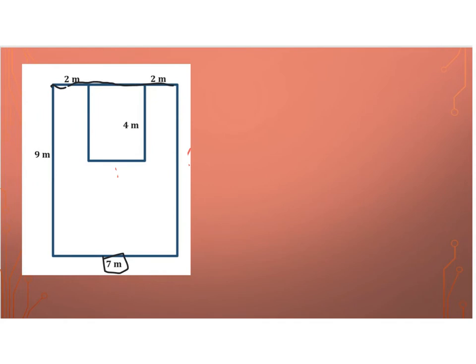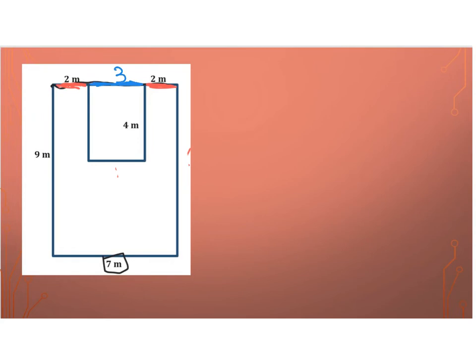What it's telling you here is that this is 2, this is 2, but we need the whole length to be 7. So 2 plus 2 is 4, and 7 minus 4 is 3. I'm going to do this segment in blue. So if this has to be 7, 2 plus 2 is 4, 7 minus 4 is 3.